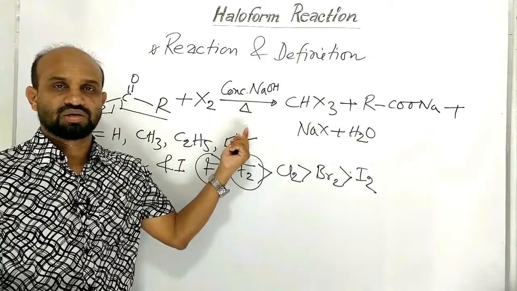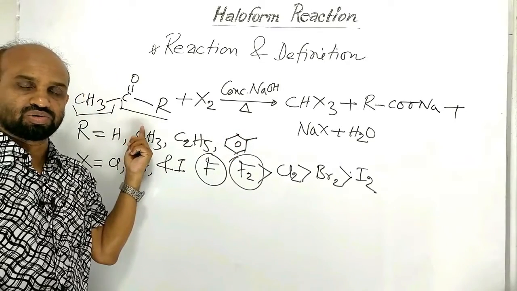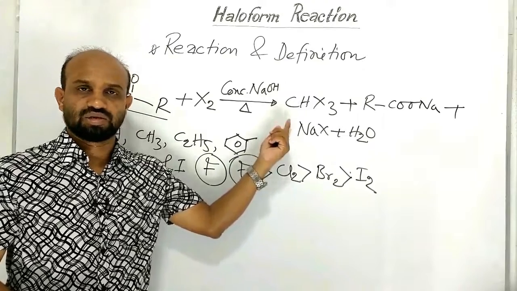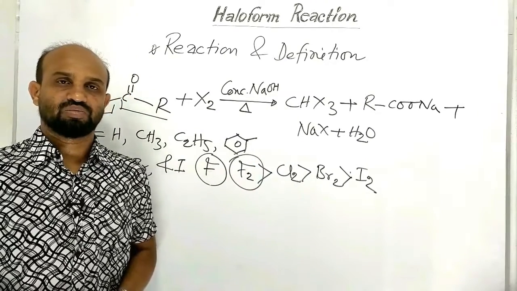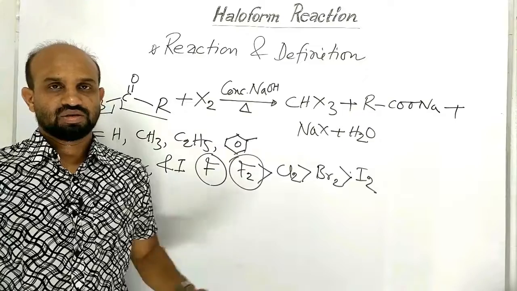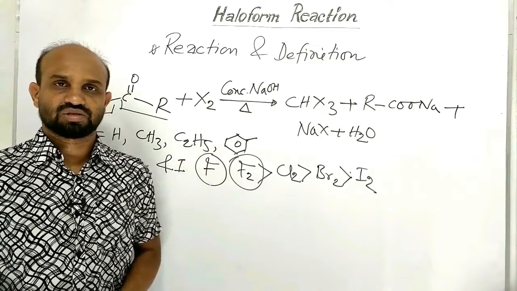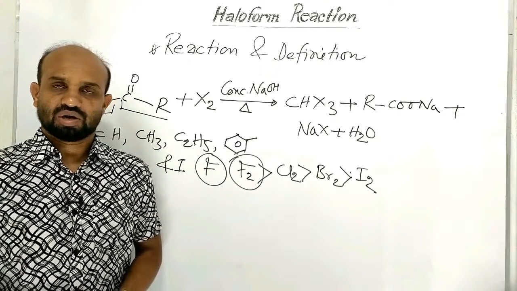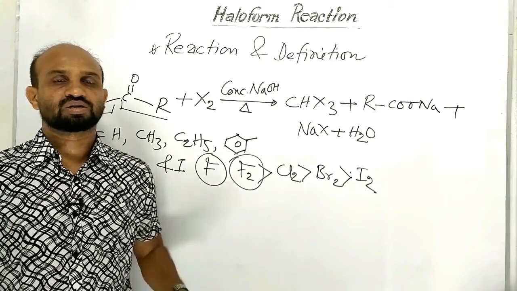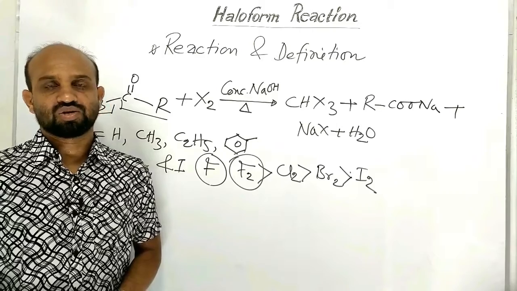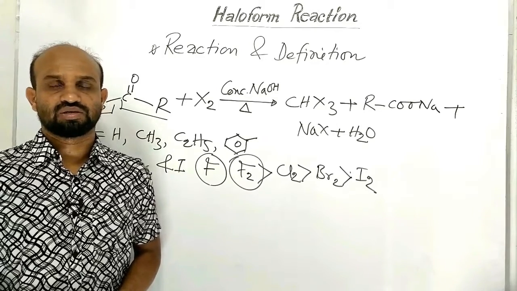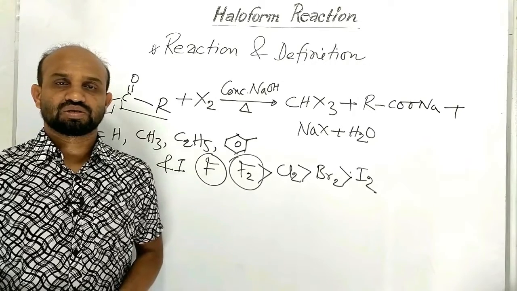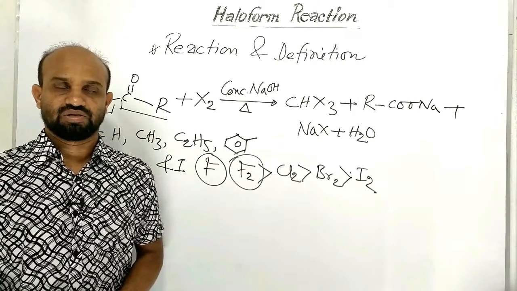On heating, carbonyl compounds produce haloform and sodium salt of carboxylic acid. This reaction is known as haloform reaction. Chlorine, bromine and iodine undergo haloform reaction, but fluorine cannot, and fluoroform cannot be produced because of its higher reactivity.